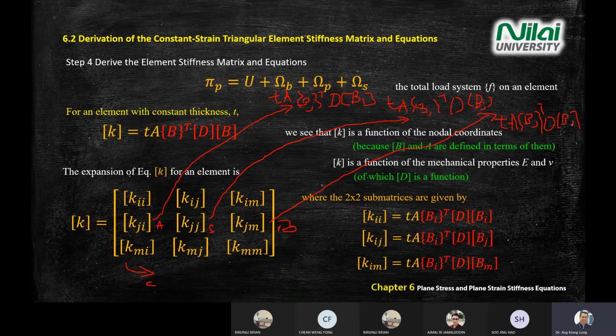Correct. Okay, good. Chia, how do you get this one, KMI? T A, BM transpose D, and then BI. Correct. All right.